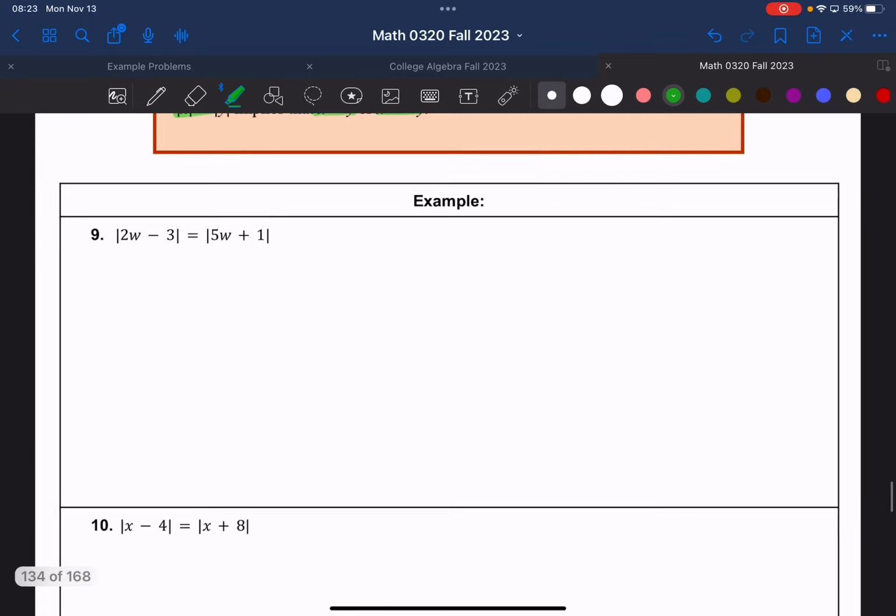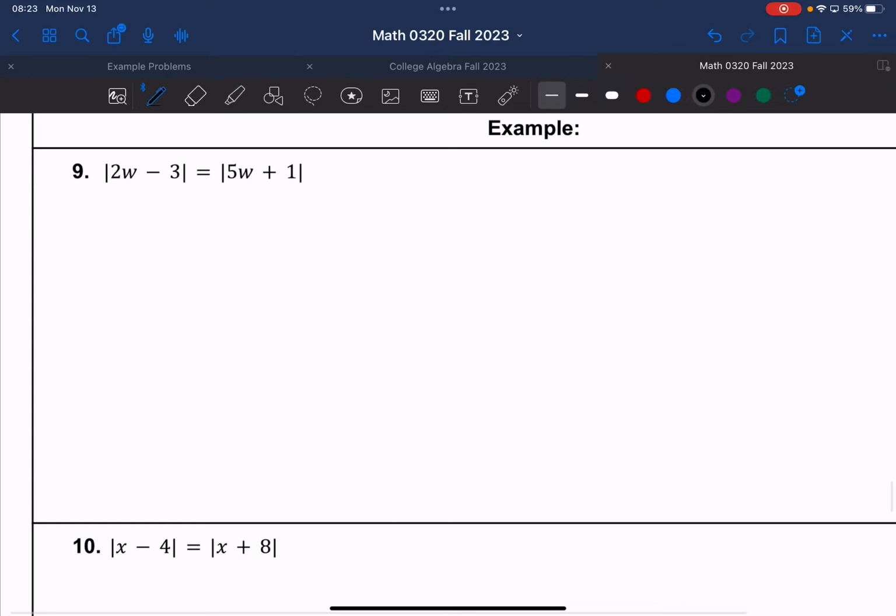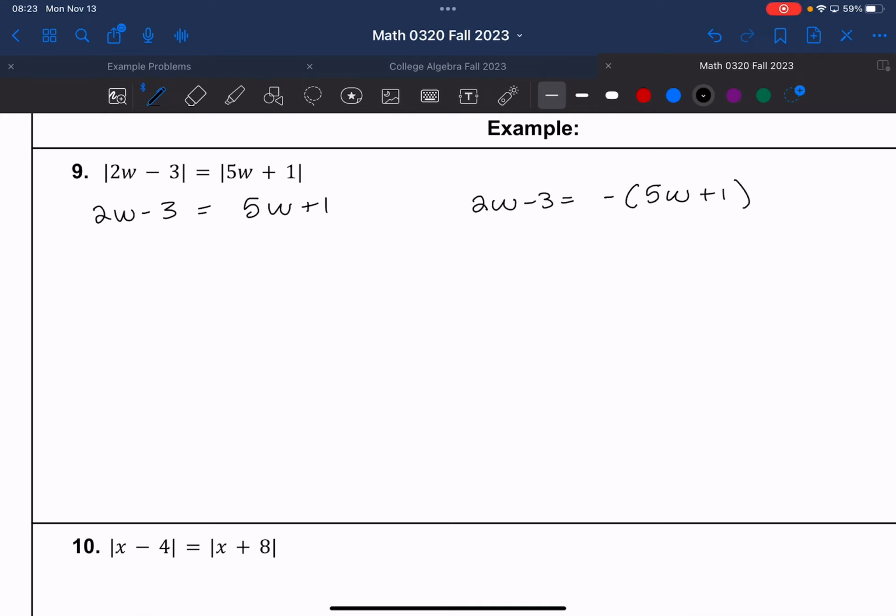So looking at number 9, we have two absolute values equal to each other, and we would write this as 2w minus 3 is equal to positive 5w plus 1, and 2w minus 3 is equal to negative 5w plus 1.